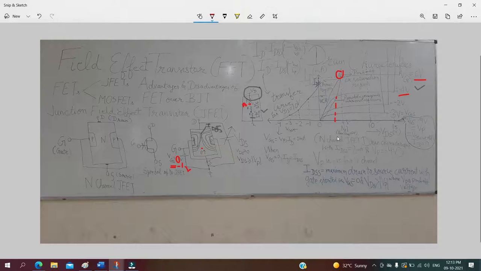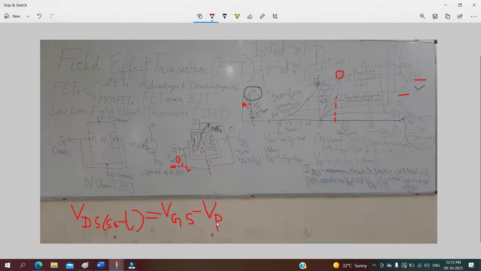Okay. Now what will be the value of this pinch off, or you can say saturation occurs at lower value of VDS, and that is equal to VGS minus VP.